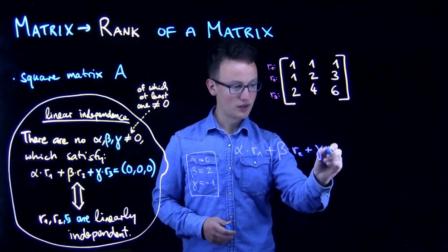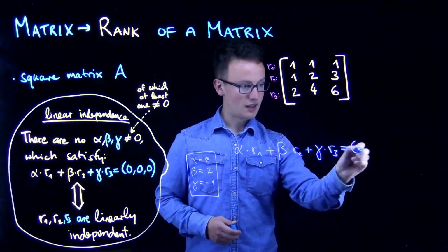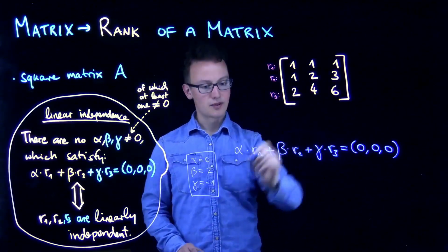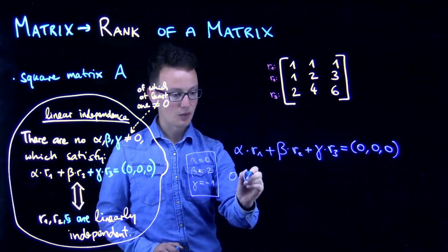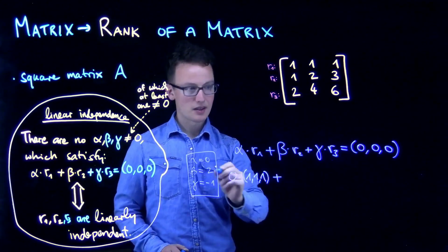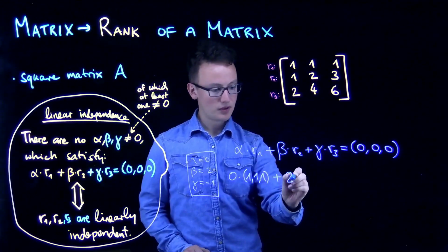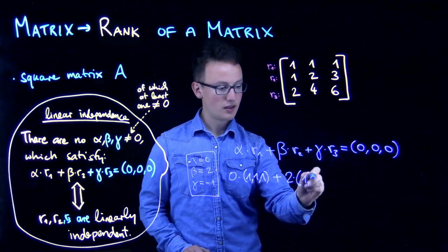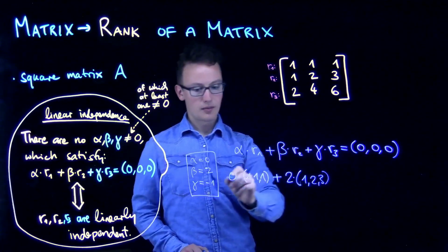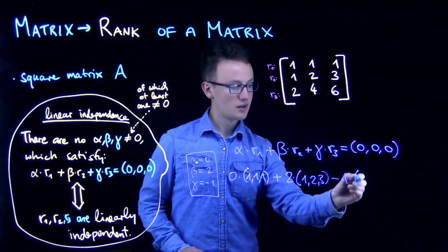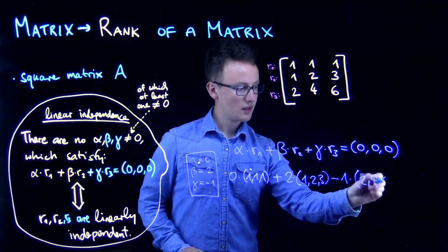So if I do this, then I'll see that in fact, okay, I have 0 times row 1, so 0 times 1, 1, 1 obviously stays 0, and then plus 2 times row 2, which will be 2 times 1, 2, 3, and then -1 times 2, 4, 6.